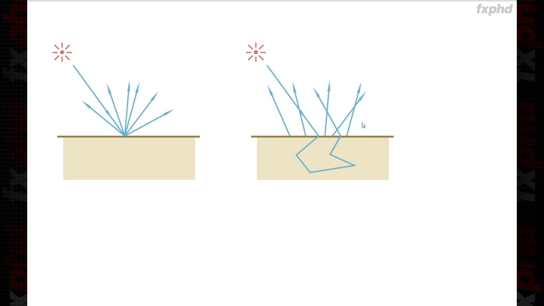So we have 2 interactions skin has with light, and that is how the light bounces off the skin, and more importantly, how the light bounces within the skin and diffuses, tissues, and illuminates it very differently in these 2 different ways.